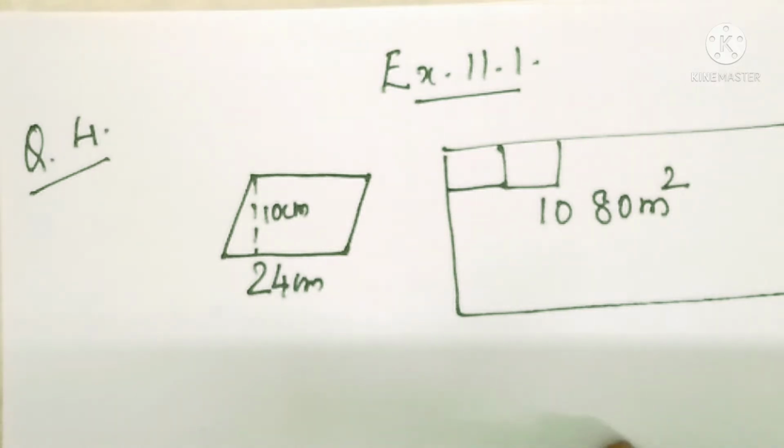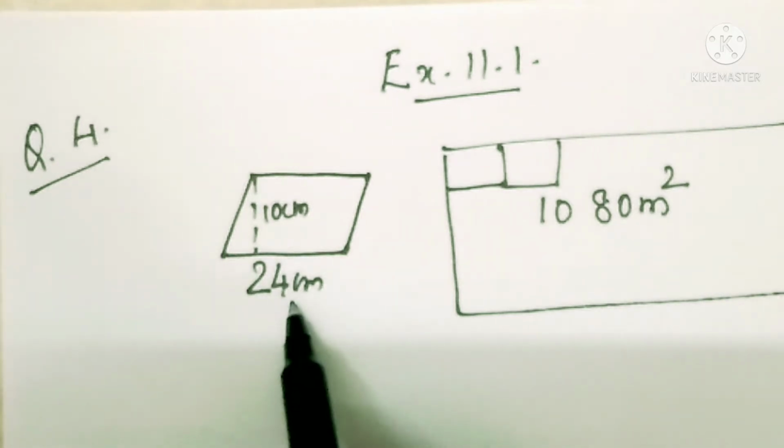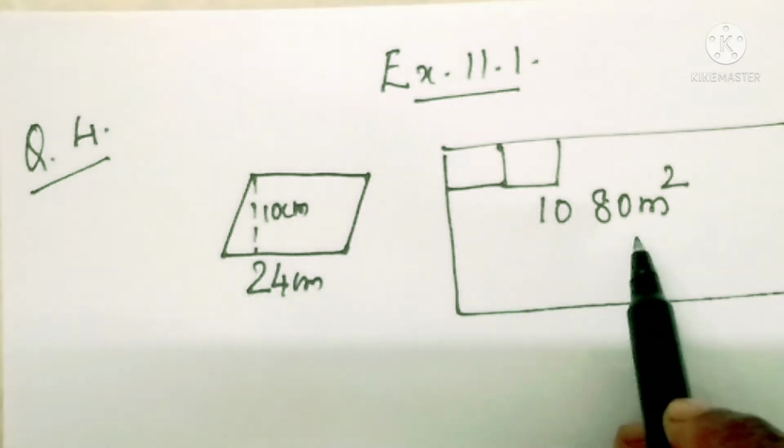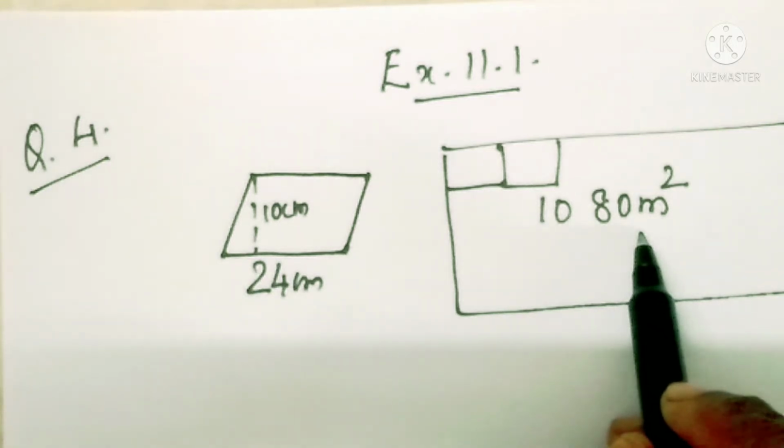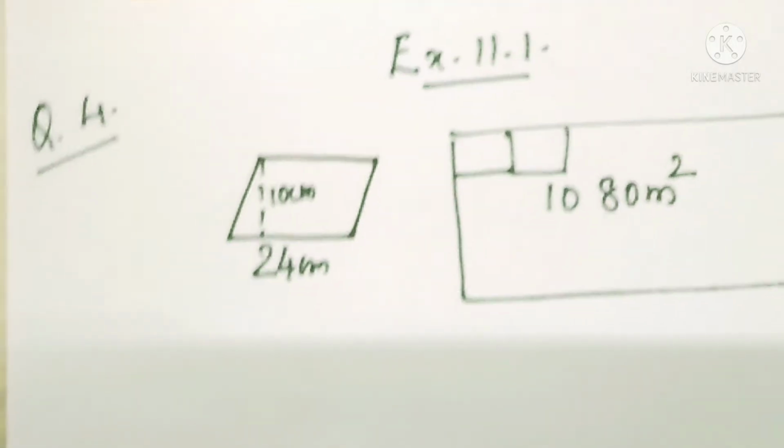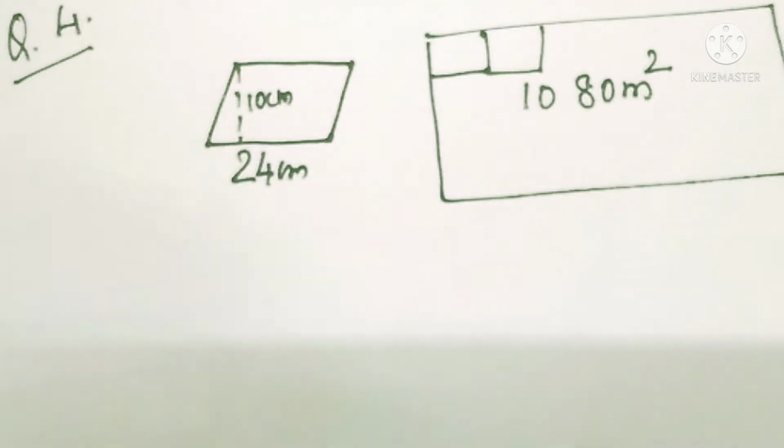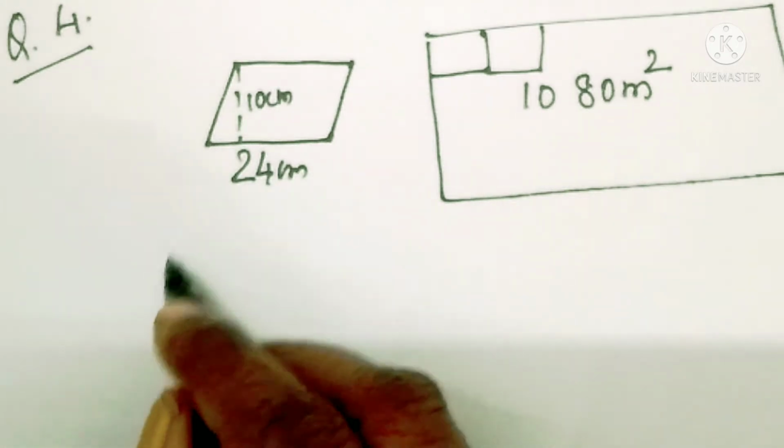This is the condition given. Now the dimensions of the tiles are in centimeter, and here it is in meter square. So first we will find the area of one small tile.